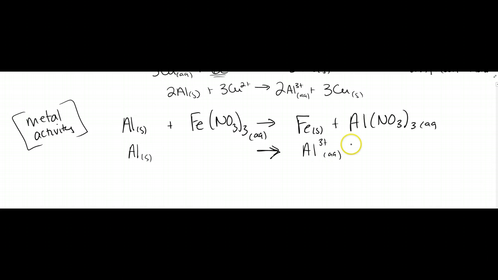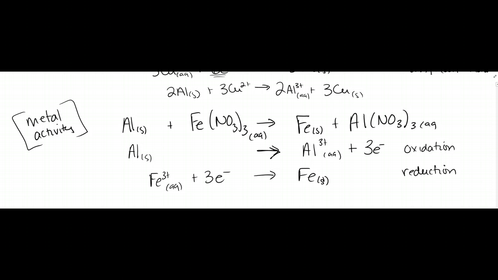That meant it had to lose 3 electrons, and that makes this oxidation. Iron was a 3+ aqueous ion. It became solid iron atoms, and to do so it had to gain 3 electrons. That makes this reduction.